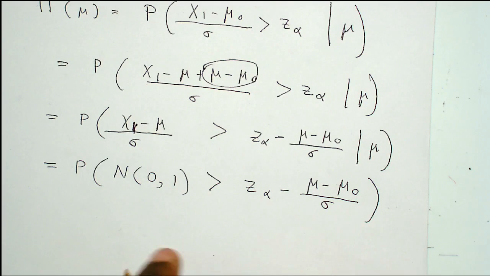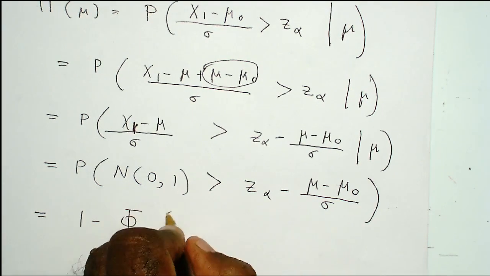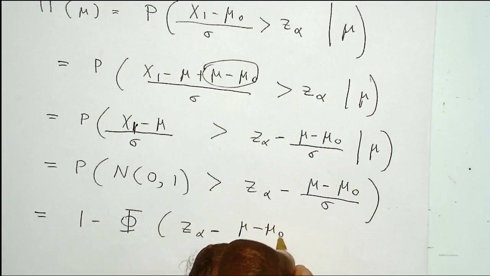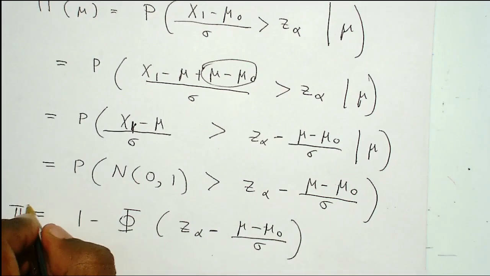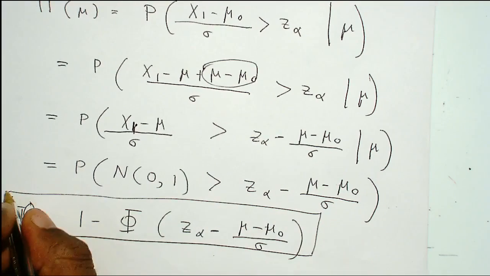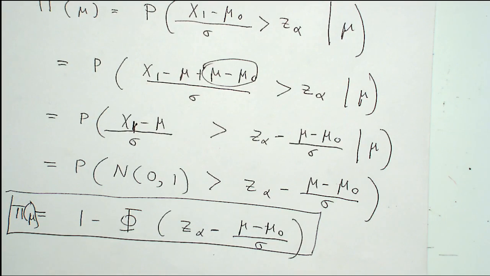So this is simply 1 minus phi. This is the power function for the second test, guys. And I assume you know how to work out alpha and beta for this, in the same manner as for the first test.